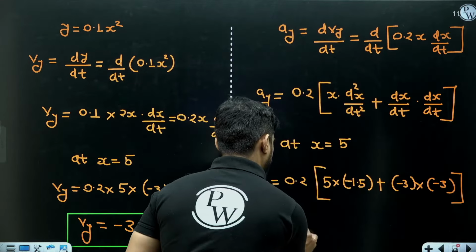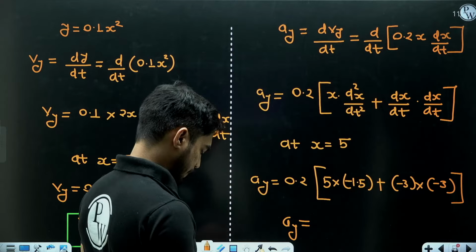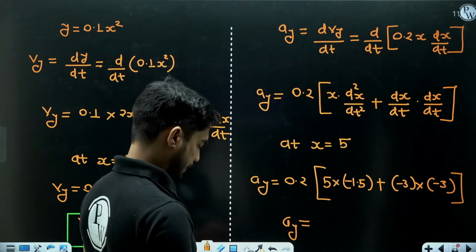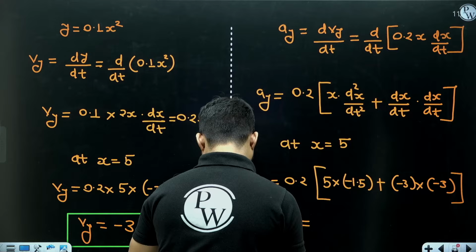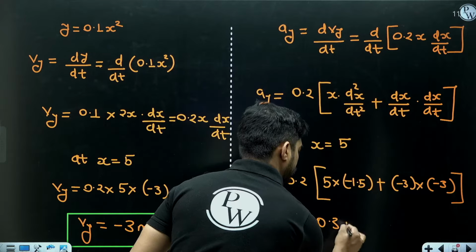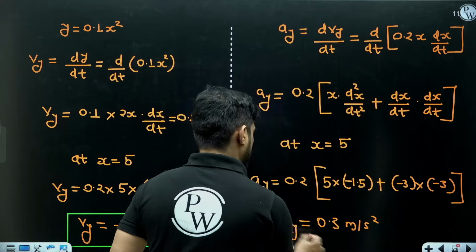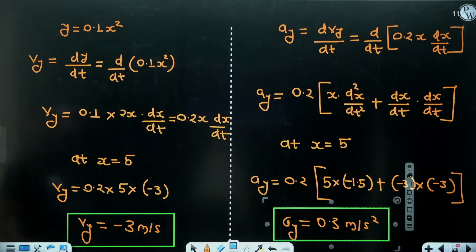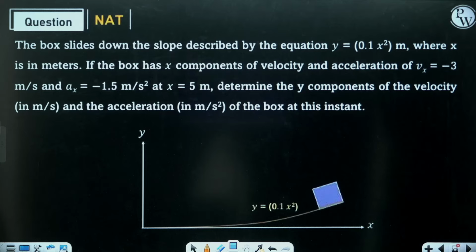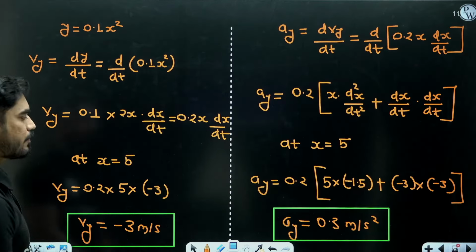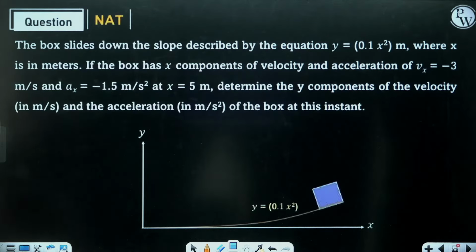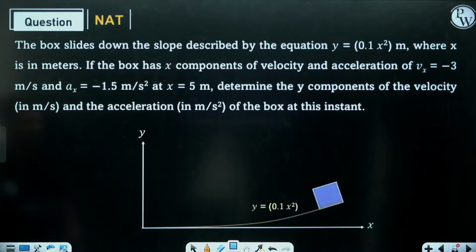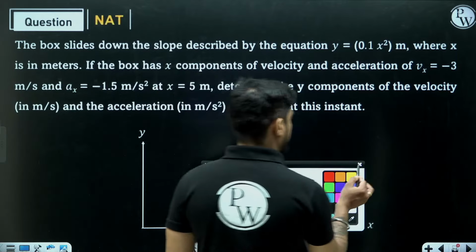So from here I will get the value of Ay, which is 0.3 meter per second square. So these are the y components of velocity and acceleration. Velocity in y is minus 3 meter per second and acceleration in y is 0.3 meter per second square. I hope it is clear. So we can have these type of questions in exam under curvilinear translational motion.